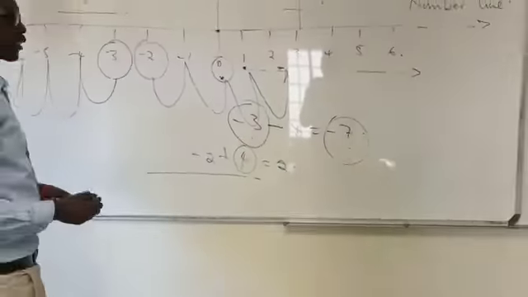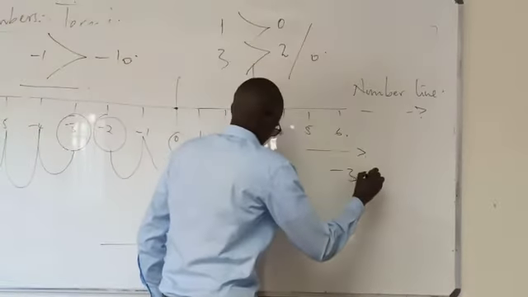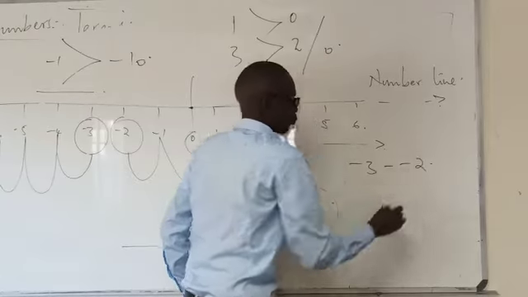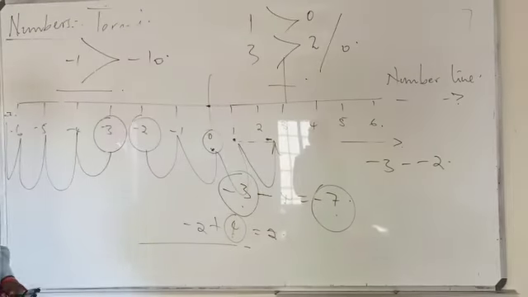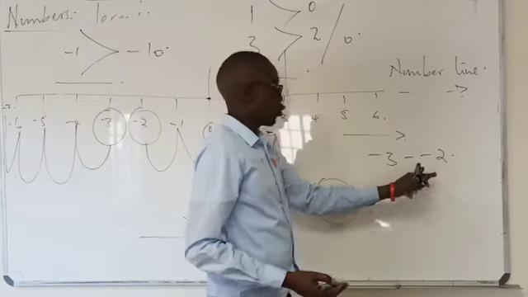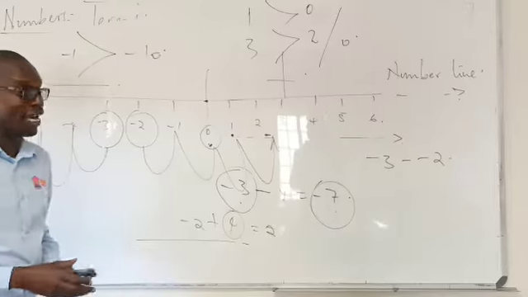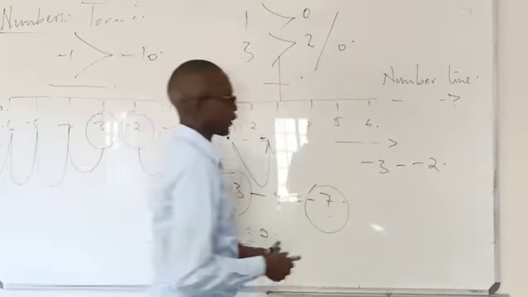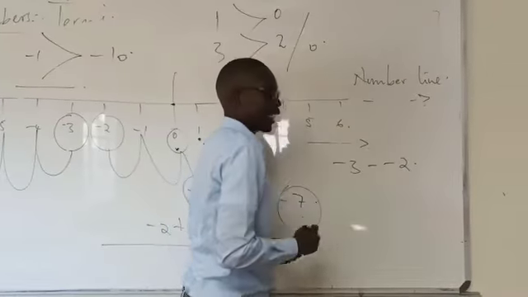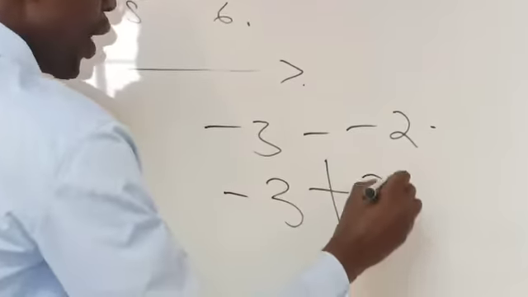Right, then there is a situation. I'm being given now minus 3 minus minus 2. This is an expression, and you are supposed to be able to solve it using the idea of the number line. How do we do that? If you are given 2 negatives following each other, automatically they change to a plus.